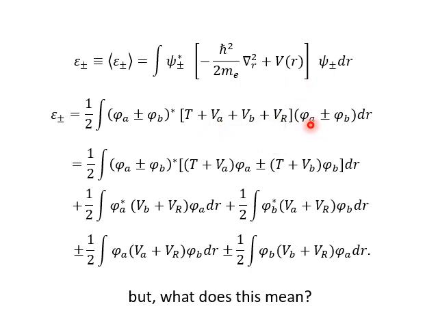I have those four terms: the kinetic energy term, potential due to atom A, potential due to atom B, and the potential between the two nuclei. And my symmetric wave function is psi A plus psi B. That is the original hydrogen wave function on atom A, original hydrogen wave function on atom B, and we either add or subtract them. We'll follow through on the plus signs here. And over here, same case, the symmetric combination or even combination of the two.